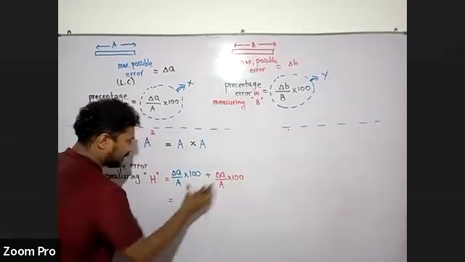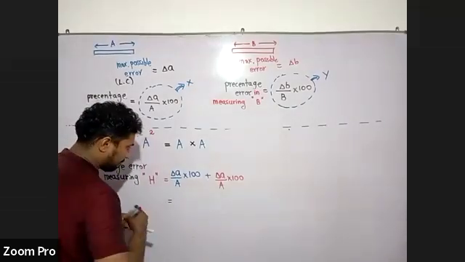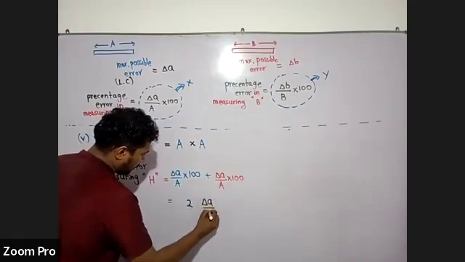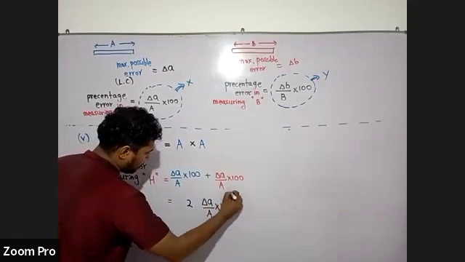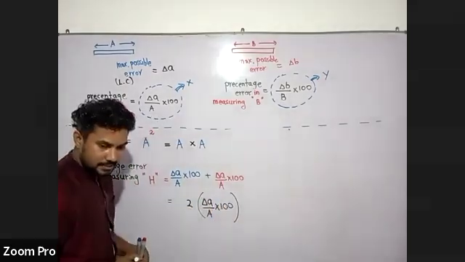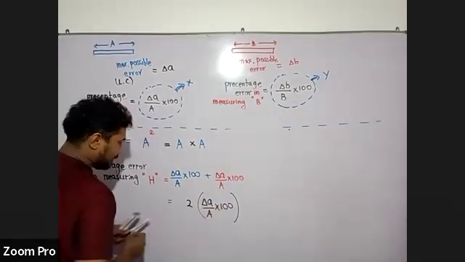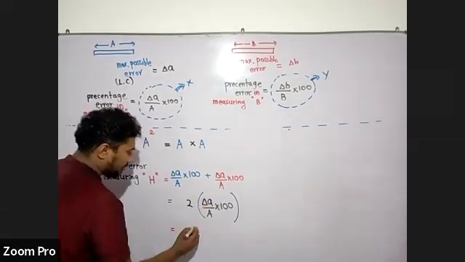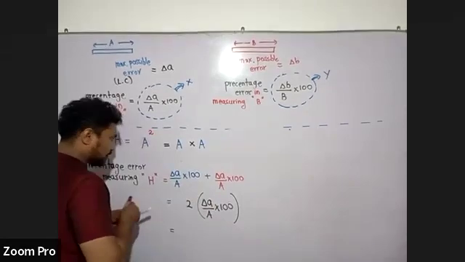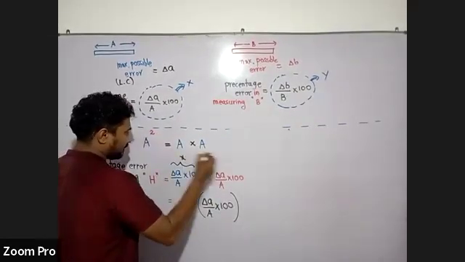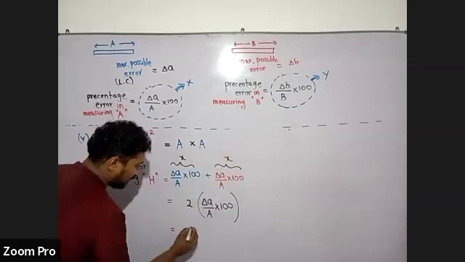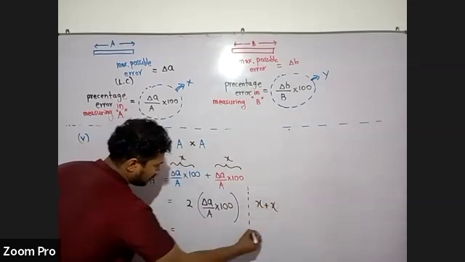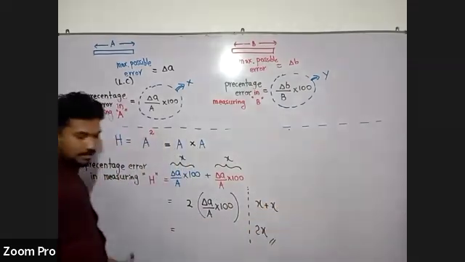Or on the other hand, this can be expressed as 2 delta A over A into 100. This one represents x, and this one also represents x. So that means x plus x, which is equal to 2x, isn't it?